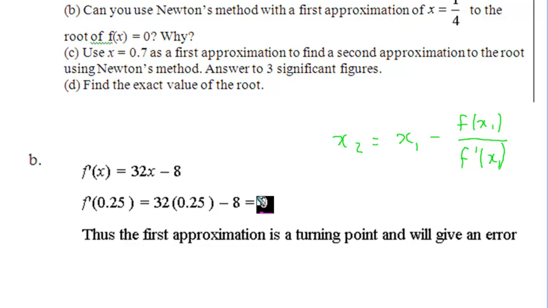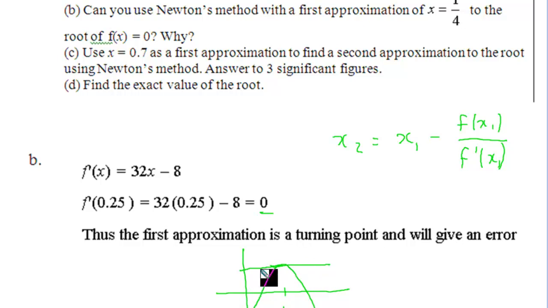Why is it an error? Well, when we get a first derivative equal to 0, we know that the curve's stationary. So it's saying that at 0.25, or a quarter, the curve is turning. Now, Newton's method is based on tangents, and tangents at turning points are horizontal. It's not going to touch the x-axis. That's why it's a problem.